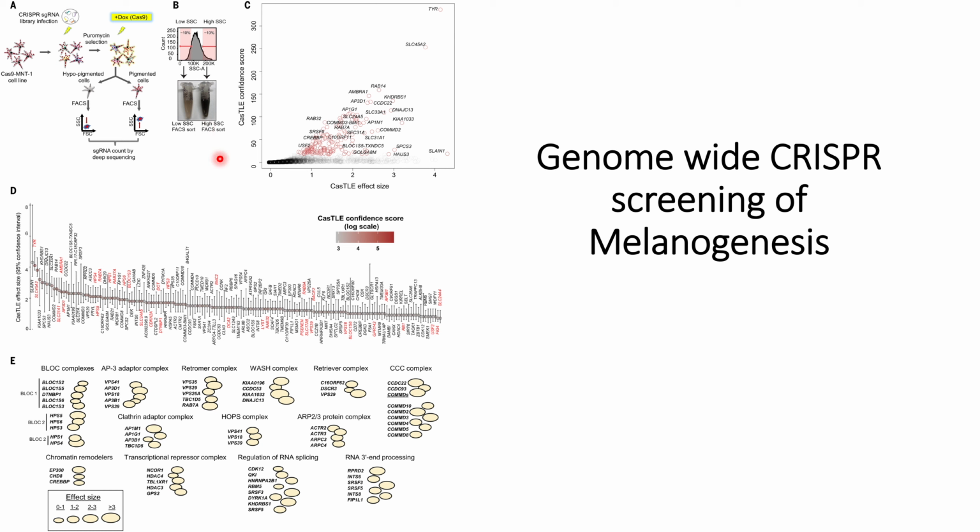Then they did some bioinformatics using this CAS-TLE confidence score, and in this case they can find some of the genes that are responsible for melanogenesis, and some of these genes they have identified were also previously reported.